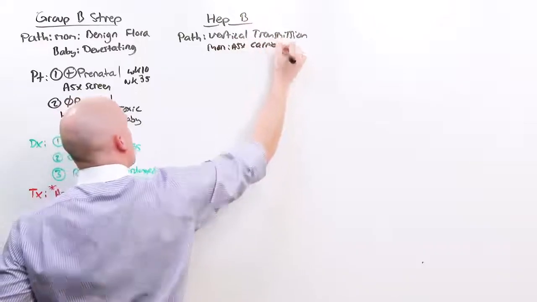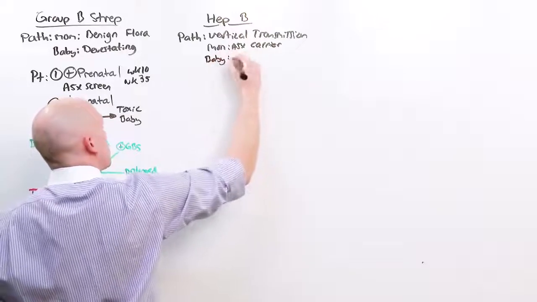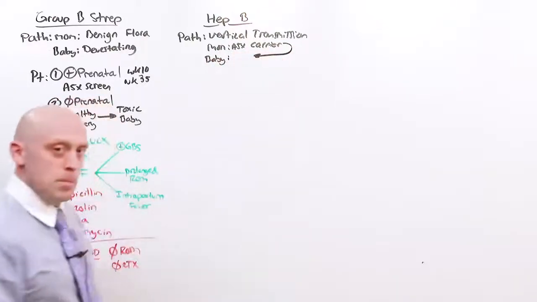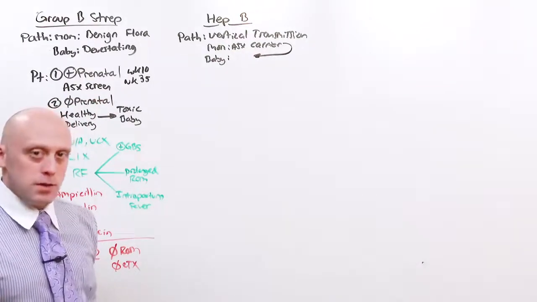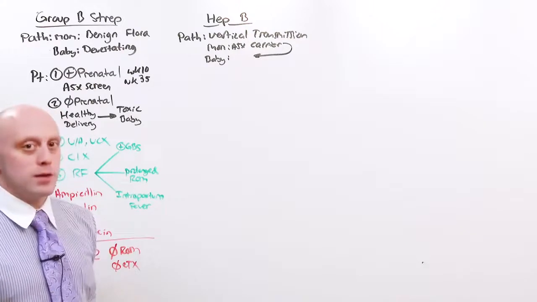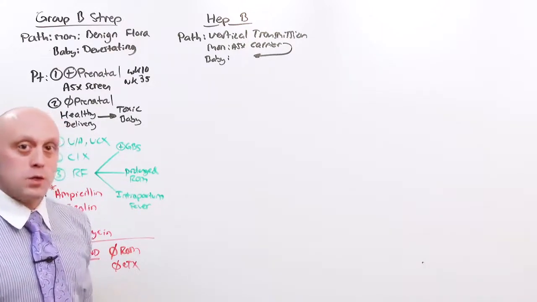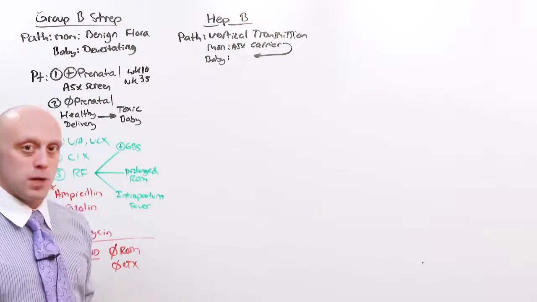And what do we do to prevent baby from contracting it during delivery and becoming a chronic carrier herself? Hep B is transmitted by blood. I want you to learn the only way a baby can get Hep B is blood. And so the things we do are to avoid mom and baby's blood mixing.